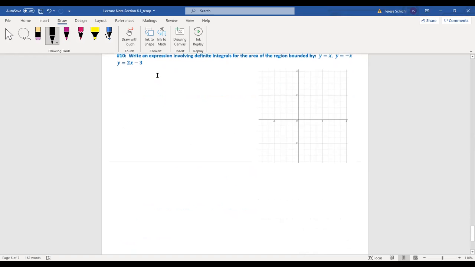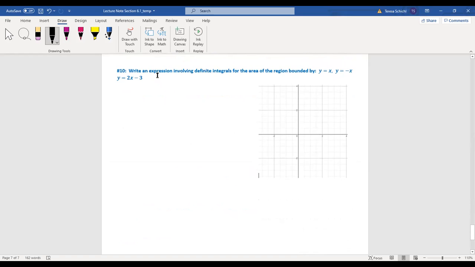Okay, so let's take a look at the last ones here. They say write an expression involving the area bounded by this. All right, so let's always graph it. y equal to x here. So it's the diagonal line. Right, so let me see, I can get this one. Okay, not too bad.